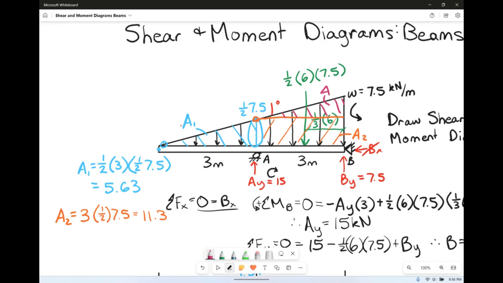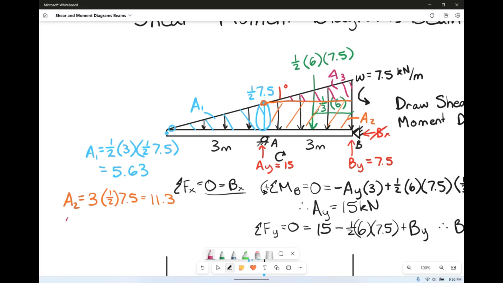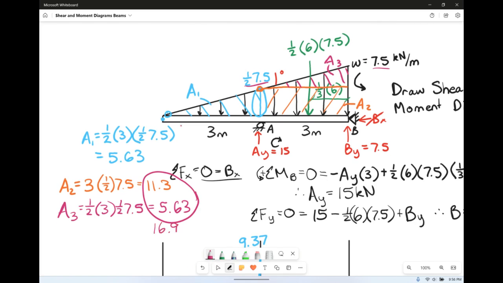We're going to call this A3. A3 is going to be equal to 1/2. The base is 3. The height of this triangle is 7.5 minus half of 7.5, so again, half of 7.5. So area 3 is going to give us 5.63. So in total, area 2 plus area 3 is going to be 16.9.